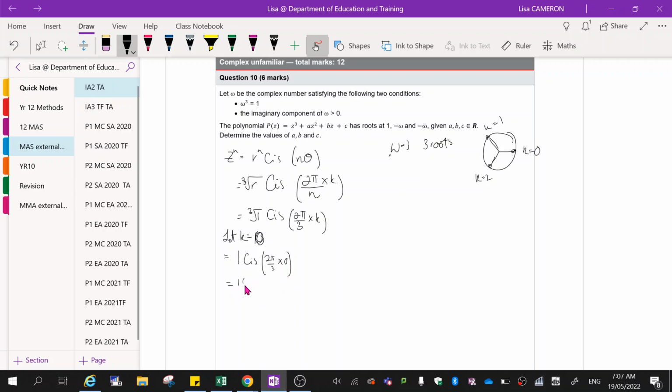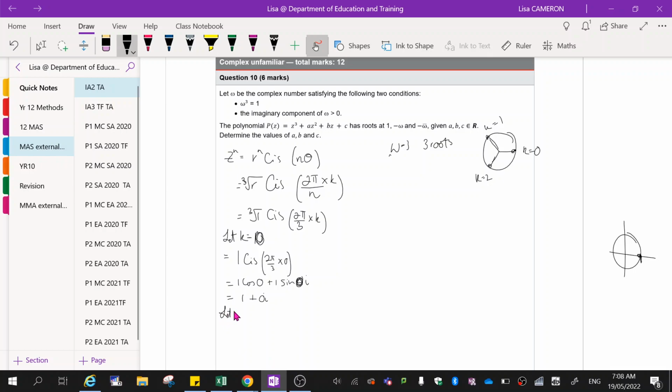So I'm looking for 1 cos 0 plus 1 sine 0 i. Okay, now when we think about our unit circle, if I'm looking at where our angle is equal to 0, that is when cos is at positive 1, and that is when our sine value, or the y value, is at 0. So that's our first one.